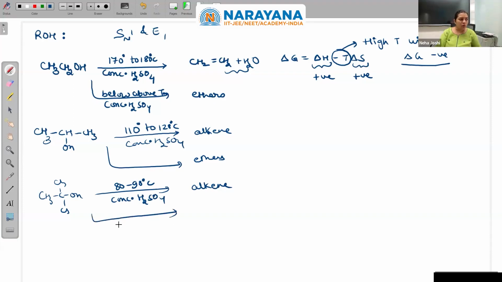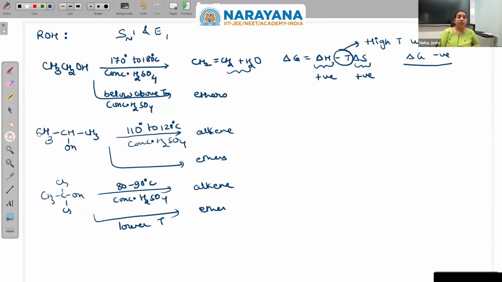And at a lower temperature, I may obtain ether. But as the branching has increased, the possibility of attacking on each other will go on decreasing. So this is how elimination and substitution comparatively usually work.